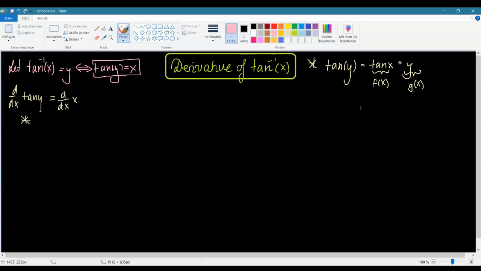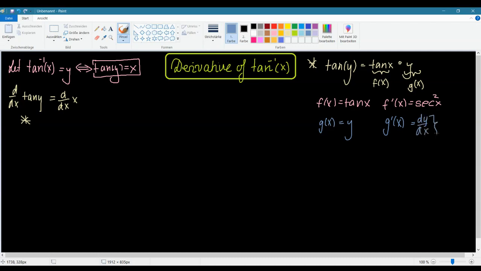So we're going to write down f of x is tan x, and we're going to write down the derivative of tan x because we need to apply that to the chain rule. And the derivative of tan x is secant x squared. And then we're going to write down the inner function, g of x is y, and the derivative of g of x is dy by dx.